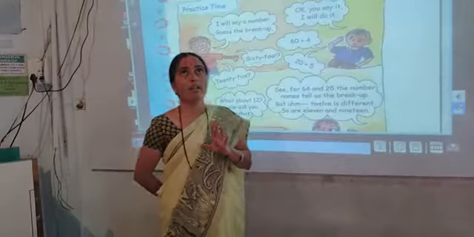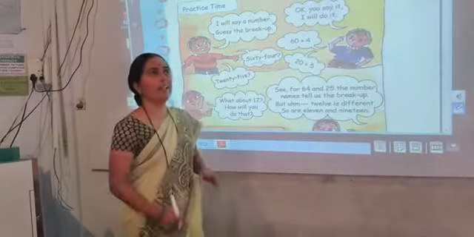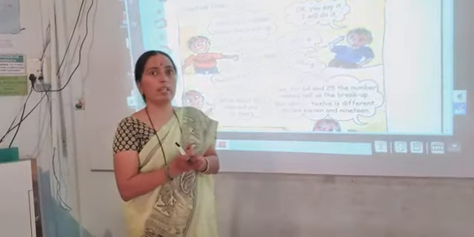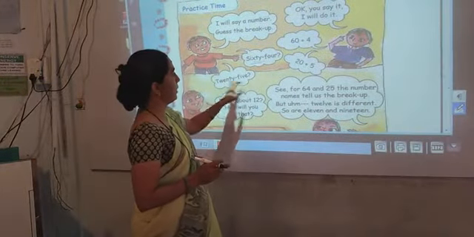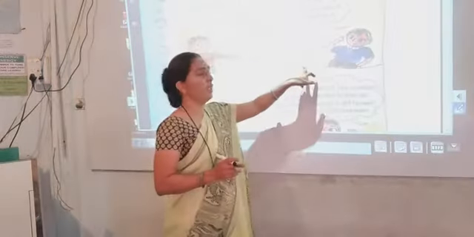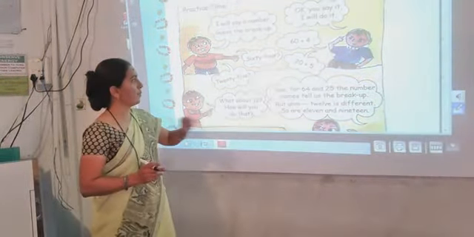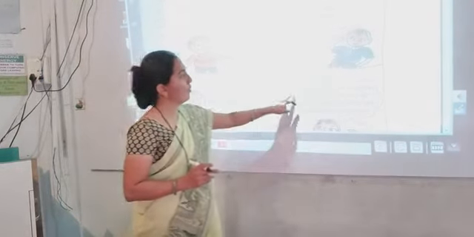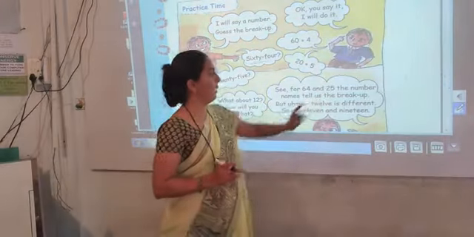If I say 59, you have to say 50 plus 9. If I say 91, you have to say 90 plus 1. Like this they are playing the game. 25, this again said 25, then he said 20 plus 5. What about 12? How will you do that? See, for 64 and 25, the number names tell us the breakup.